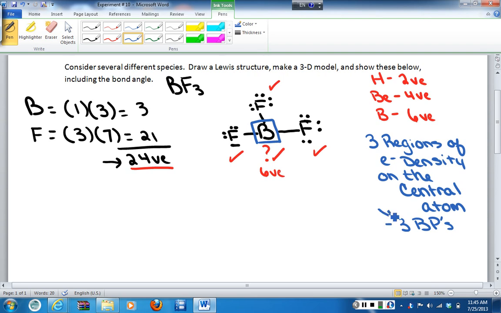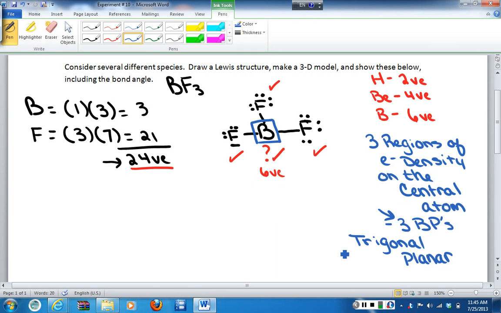That's when we have to pay attention to how the electron density regions are on the central atom. In this case, because they're all 3 bonding pairs, we know that the geometry of this molecule is going to be trigonal planar.